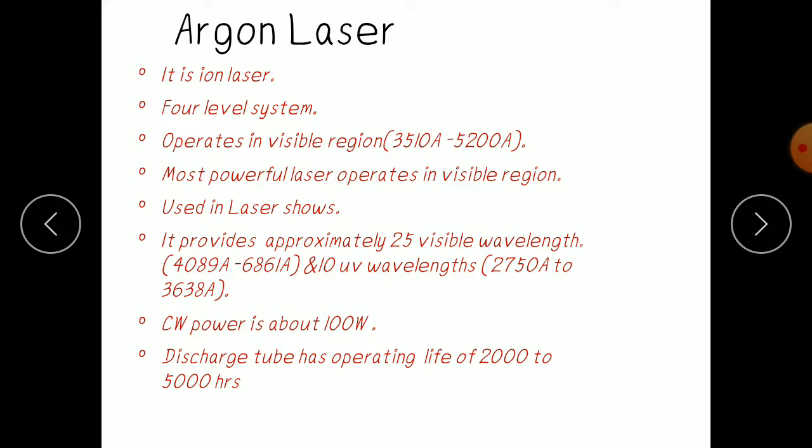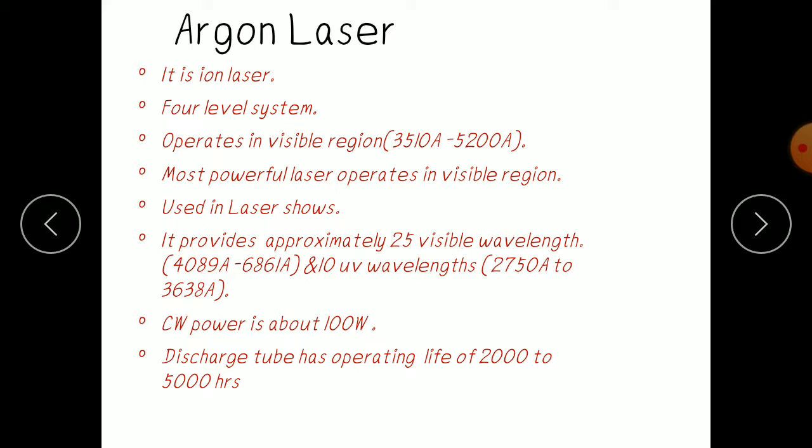The argon laser is an ion laser, and it has a four level system. There are different level systems in lasers, such as a three level system or a four level system. This argon laser operates in the visible region with wavelengths ranging from 3510 angstrom to 5200 angstrom.